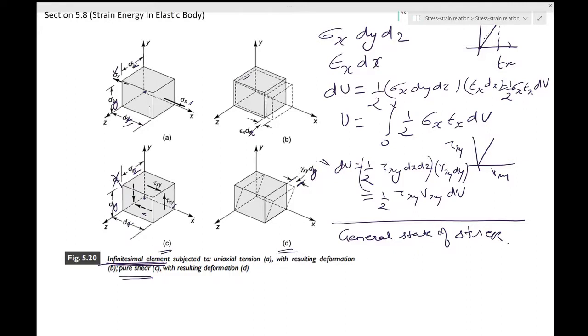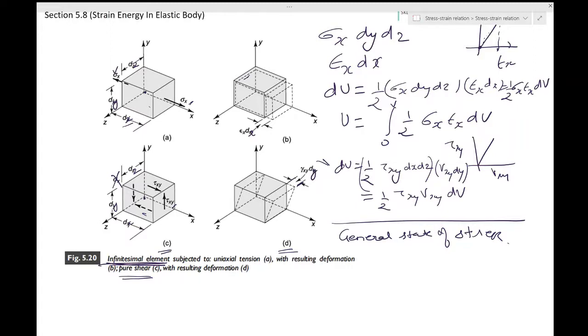It's as if the other stresses are not acting, and we have done this before in this chapter. During this process, in which all the stresses and strains are growing, a single stress component such as sigma x will do work only on the deformation due to its corresponding strain, right?